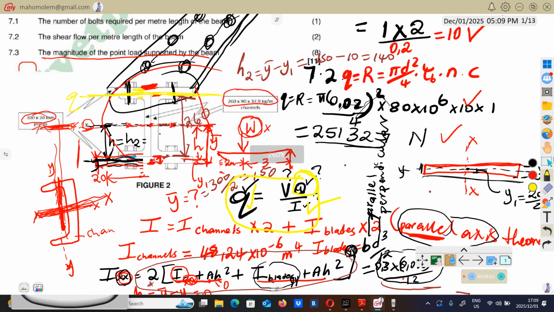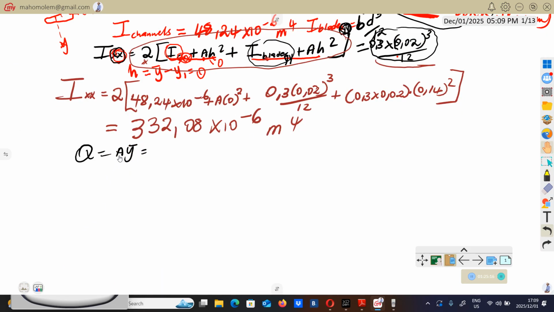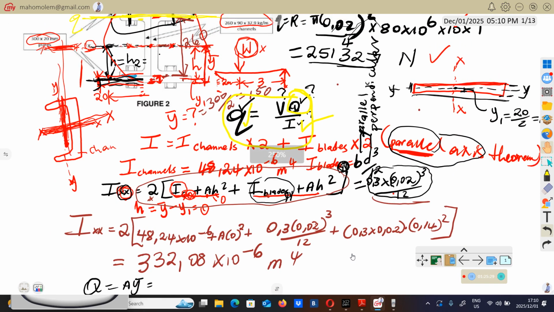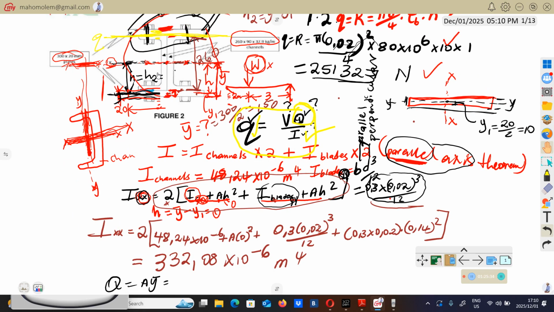So now remember, when you calculate the Q, this area is the area above the point of interest. So when you check from the top, you will see that the area above this is going to be the rectangle.